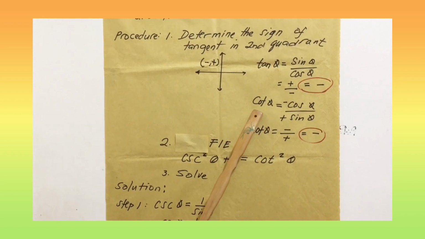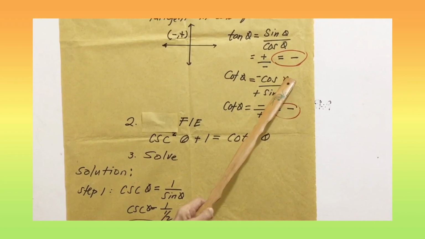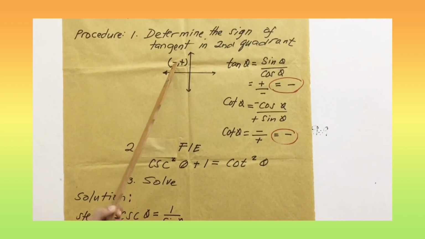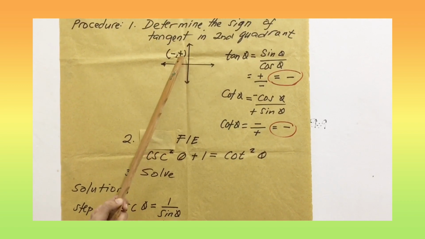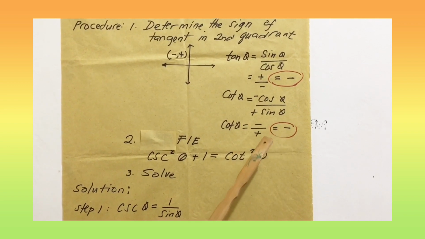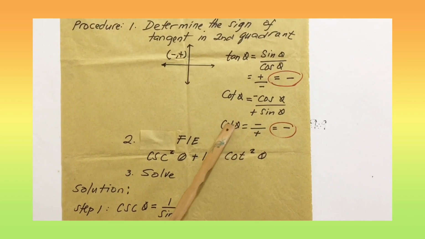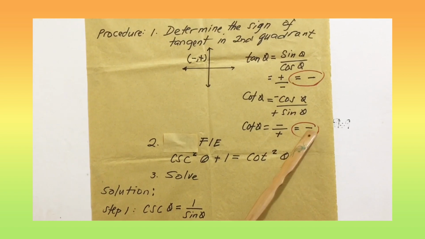How about the cotangent? Cotangent is equal to cos theta over sine theta. Why is the cos negative? Because the cos is our abscissa. And why is the sine positive? Because sine is the ordinate. Then we divide, and if our concentration is only on the sign, cotangent theta is negative divided by positive, which equals negative.